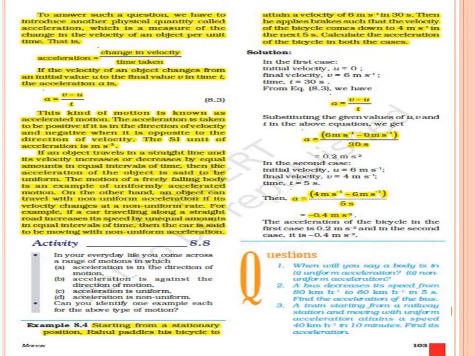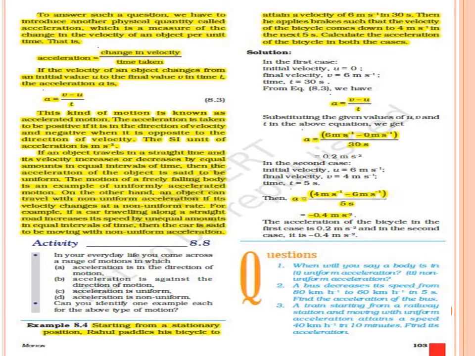Now again we go back to the question. Then he applies brakes such that the velocity of the bicycle comes down to 4 meter per second in the next 5 seconds. When we apply the brake on a bicycle, its velocity starts decreasing.